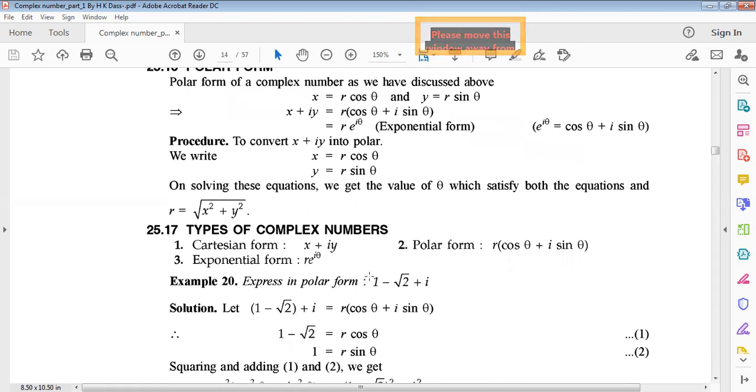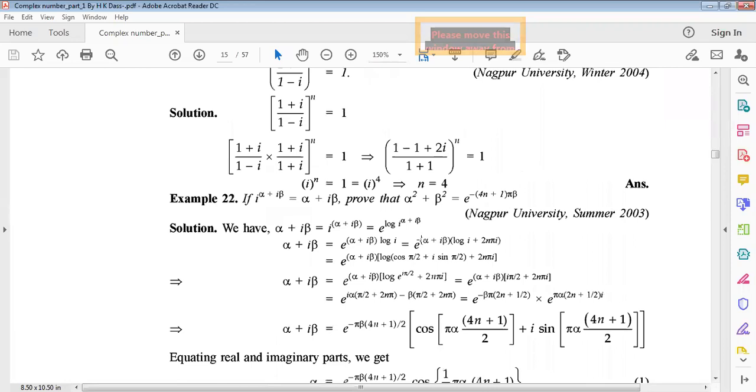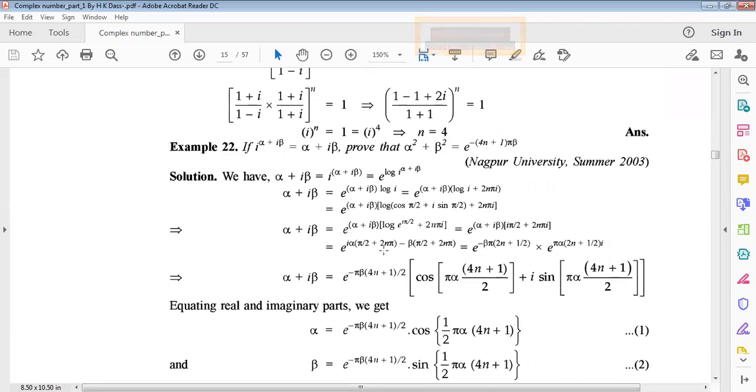But in place of theta here we have pi by 2 only. So cos pi by 2 plus i sin pi by 2, where pi by 2 means theta. So we get log e to the power i pi by 2, then 2n pi i. So e to the power this multiplied with alpha plus i beta into log e.